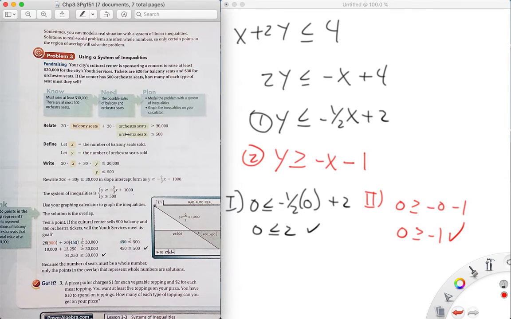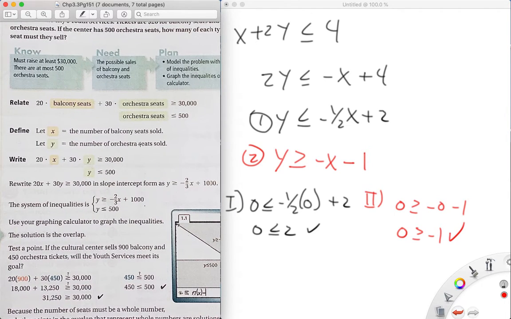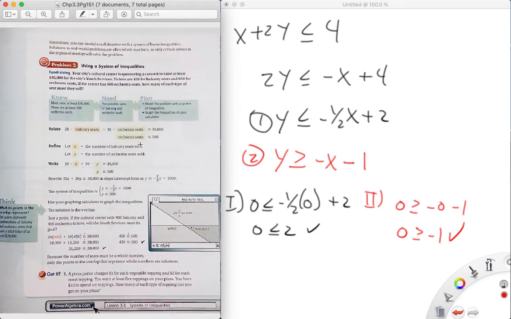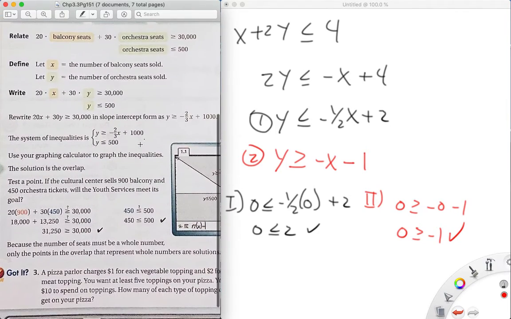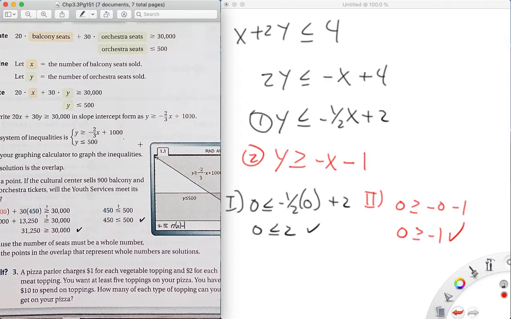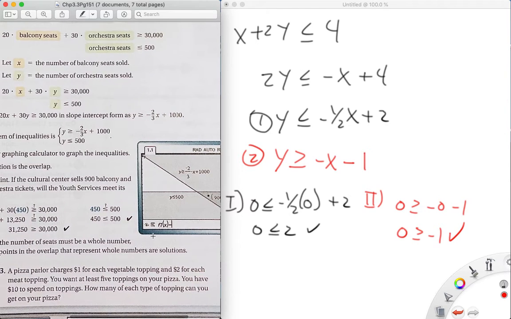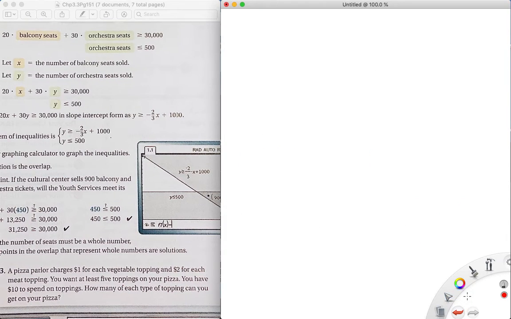Alright, and then we're given a word problem. Here it says a pizza parlor charges $1 for vegetable toppings and $2 for meat toppings.